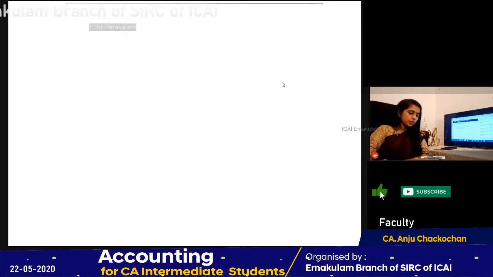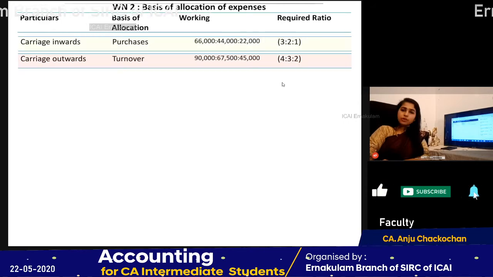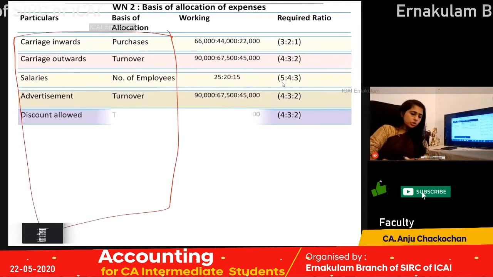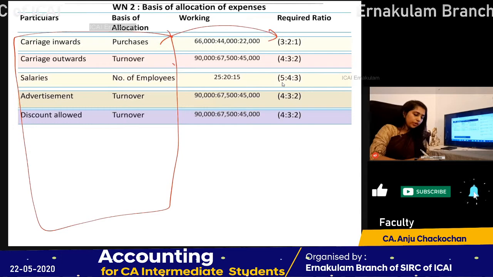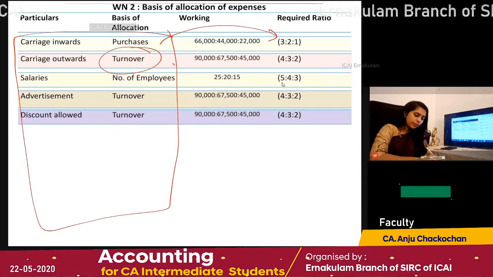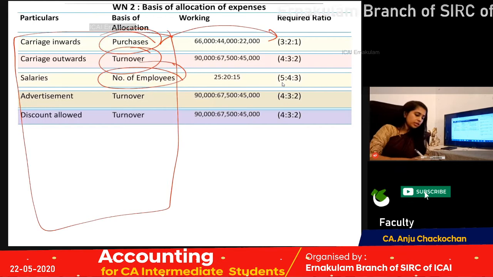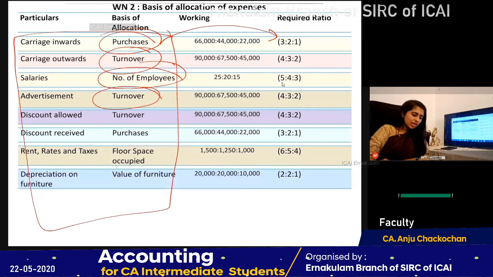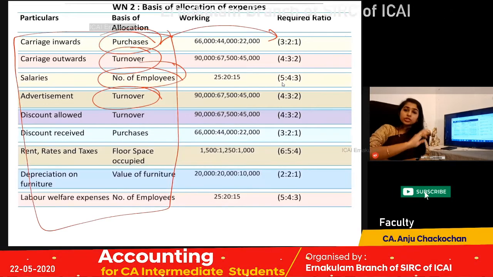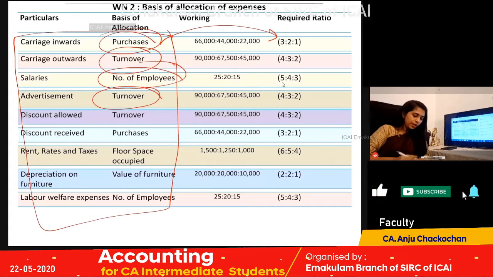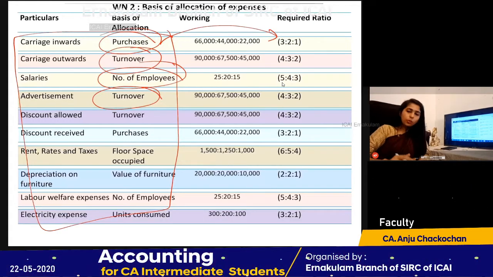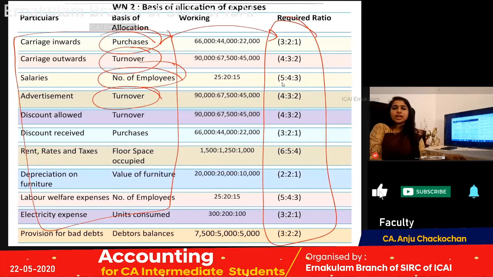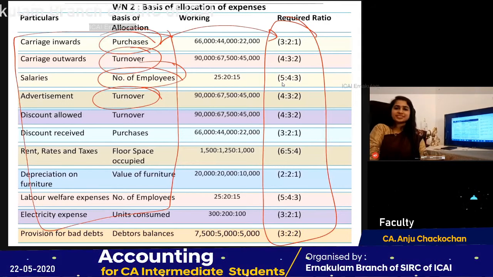Now the basis of allocation, this we have already discussed. Now what I want you to do is compute the required ratio. You have turnover, purchases, and number of employees given in the question. So based on this data, you just have to find out the required ratio. Make it fast, students. Compute the required ratio. This is the requirement.